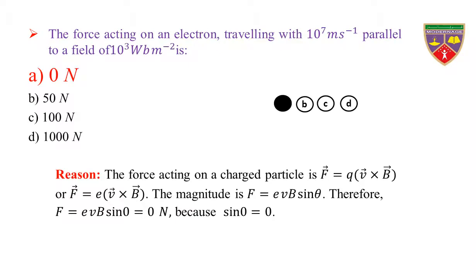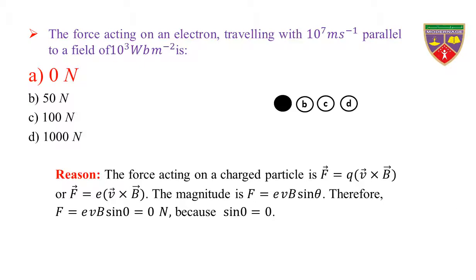Reason: the force acting on a charged particle is F = q(v × B), or F = e(v × B), because the charge of the electron is denoted by e. The magnitude is F = evB sin θ.